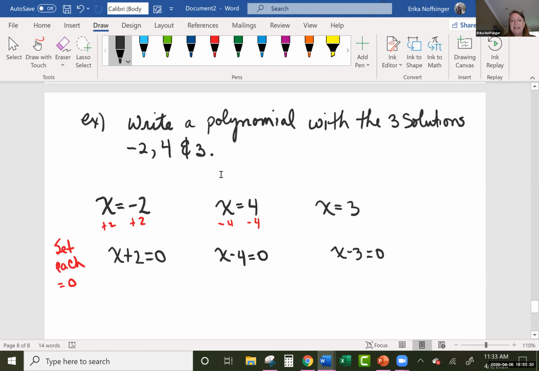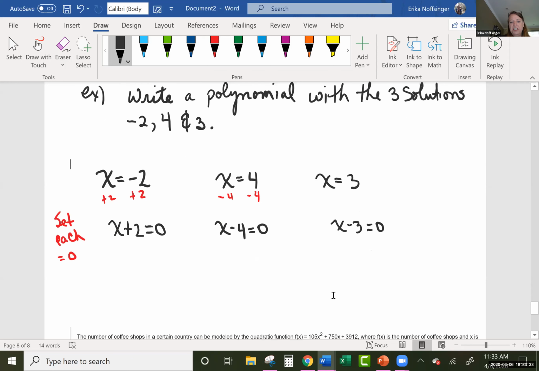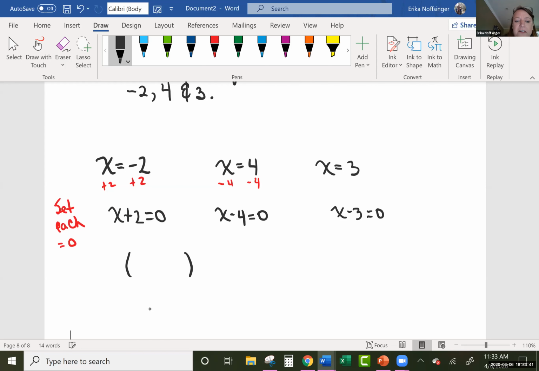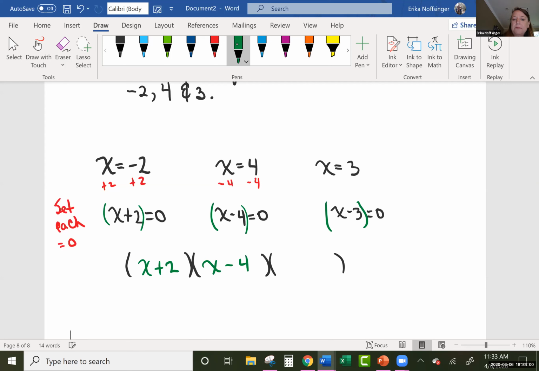So we're using the fact that these were solutions of the equation, then we know that the factors, if we multiplied them together, so x plus 2 all times the factor of x minus 4 all times the factor of x minus 3, those are solutions if this equation was equal to 0.